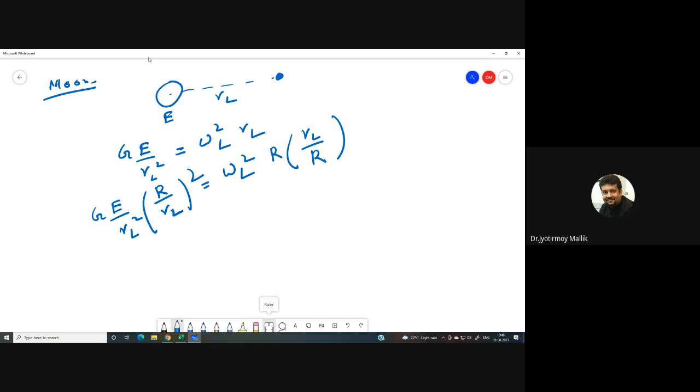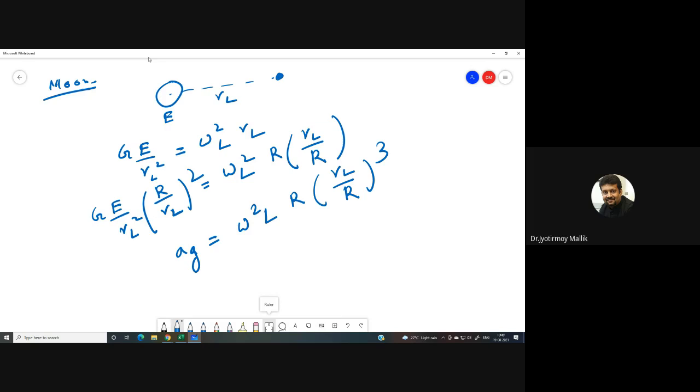Now, from here I can say that this expression is the expression of Ag. So Ag will be equal to omega square L R by small r_L by R cube.